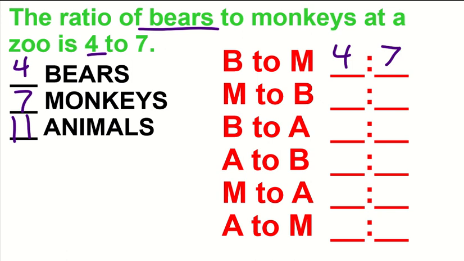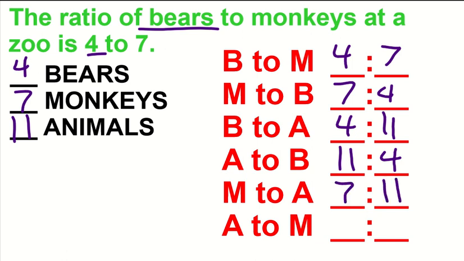Monkeys to bears, 7 to 4. Bears to animals, 4 to 11. Animals to bears, 11 to 4. Monkeys to animals, 7 to 11. And animals to monkeys, 11 to 7. Those are the only possible combinations.